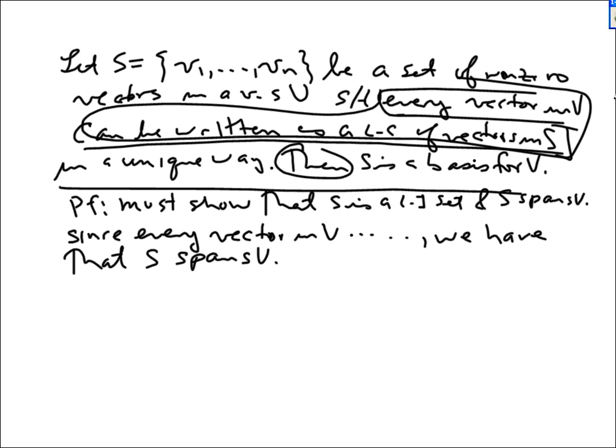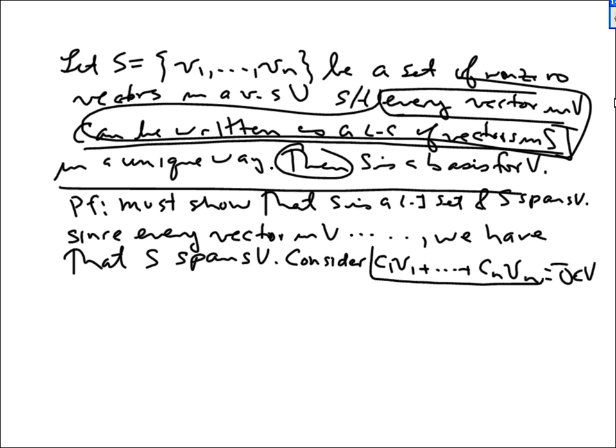So we need to consider the following. Consider C1 V1 all the way down to Cn Vn equaling the zero vector. The zero vector is in V. That is, this is the only way to write the zero vector using the vectors in S, according to what we said.